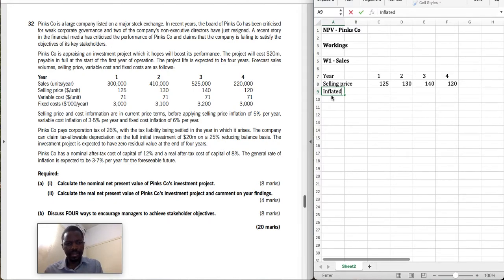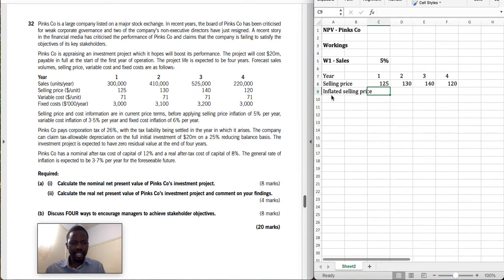Inflated selling price. Now we are told that selling price inflation is 5% per year. So we have 5% per year as our inflation.